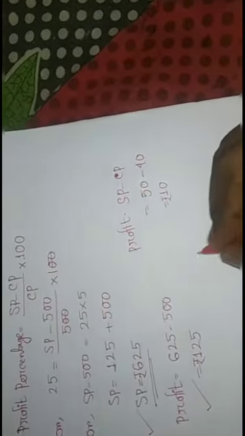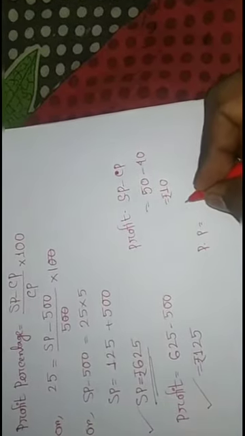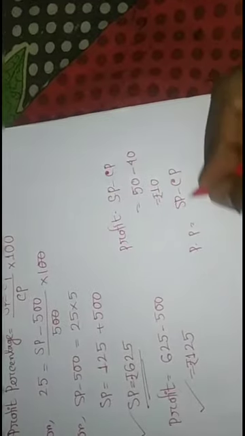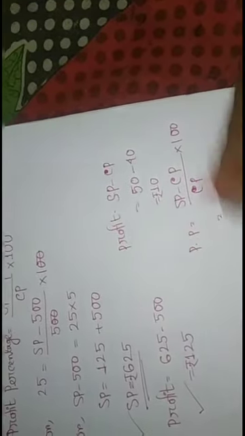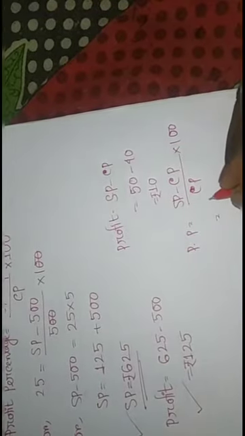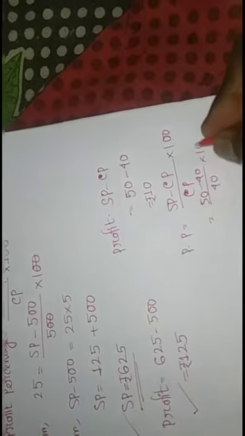Okay, now profit percentage becomes selling price minus cost price by cost price into 100. So this becomes 50 minus 40 by 40 into 100. So 10 by 40 into 100. So this becomes 25%. So the answer is 25%.